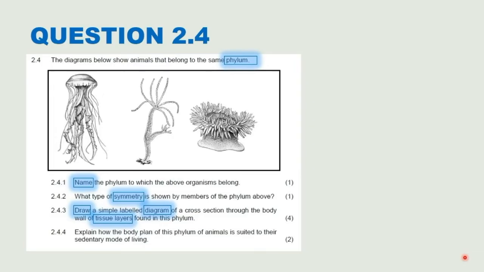So this will most likely be a diploblastic organism. 2.4.4, explain how the body plan of this phylum of animals is suited for their sedentary mode of living. Sedentary means that they are stationary, they do not move around, they are just situated in one specific area.